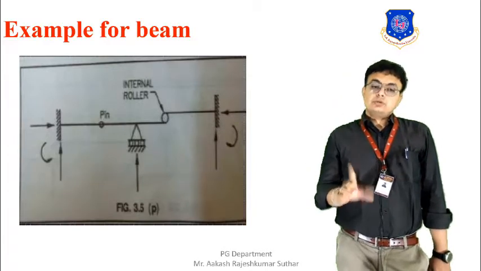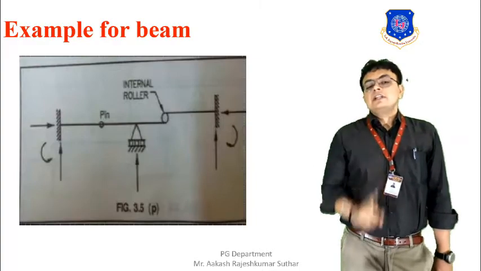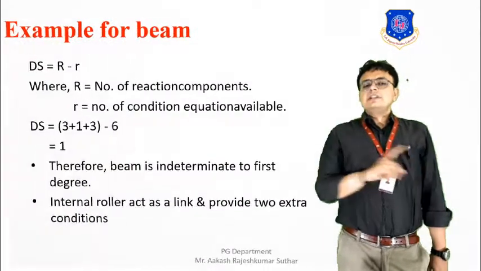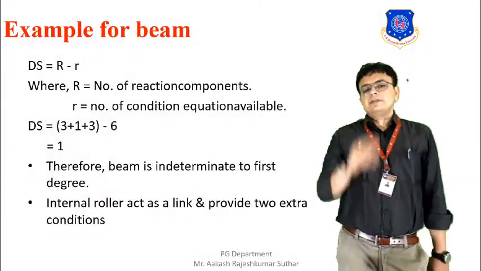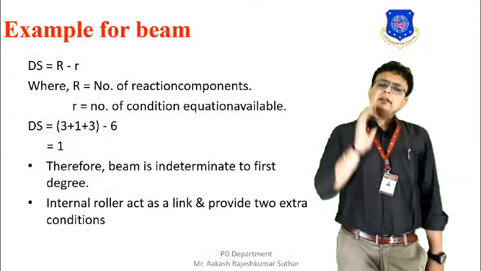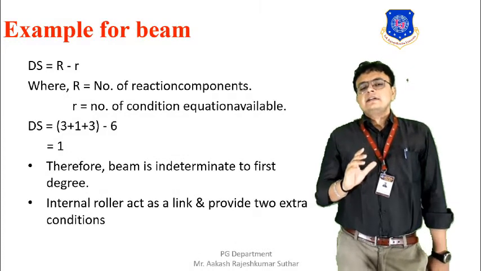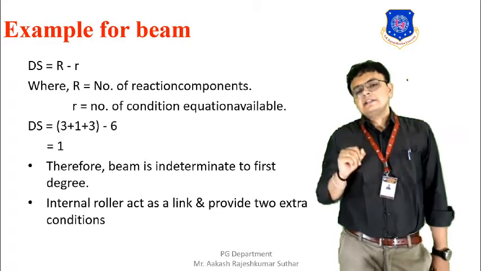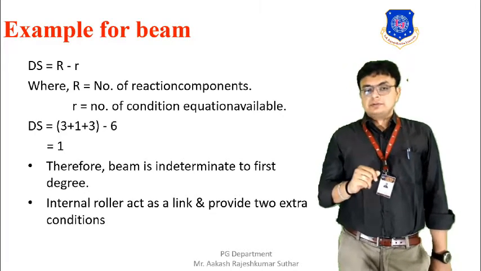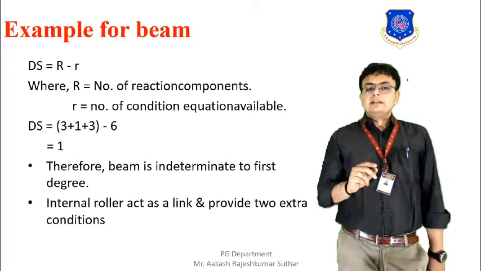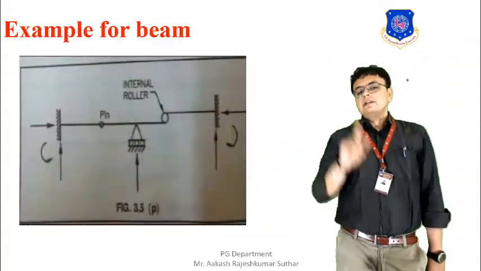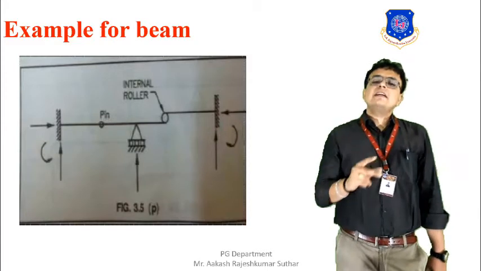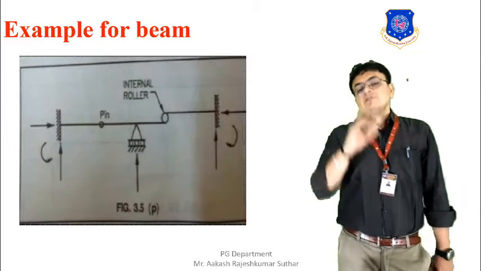So there will be an addition to the number of equations that are available. At the same time, you also see another roller. Whenever an internal roller is provided, it acts as a link and provides two extra conditions. Here in the figure we have only one internal roller, so because of this internal roller, two extra condition equations will be available.